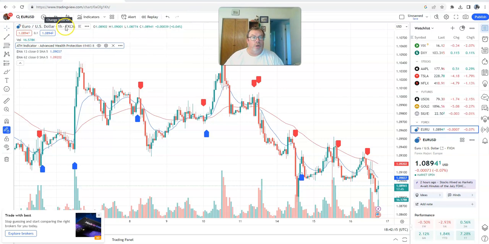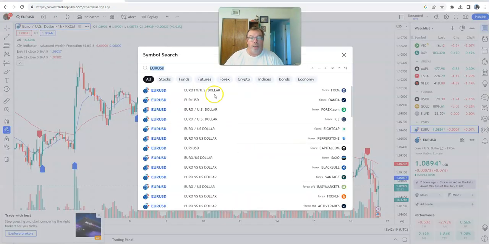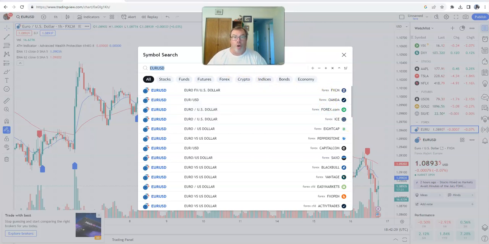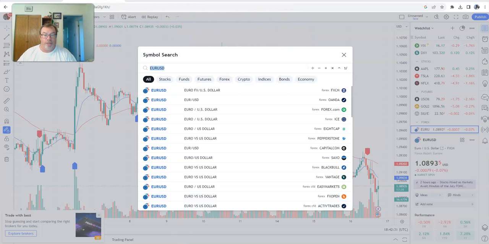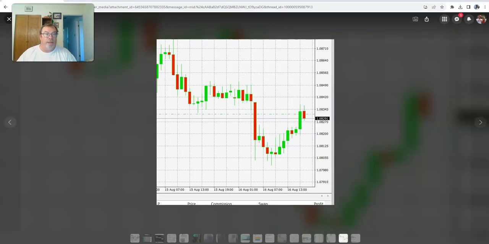See, this is a broker. TradingView is tied to a broker. So when you're putting in a pair, right, EUR/USD, OANDA, FXCM, Forex, etc., it's tied to a broker. But that doesn't mean it's tied to your broker, and that's what the issue is.